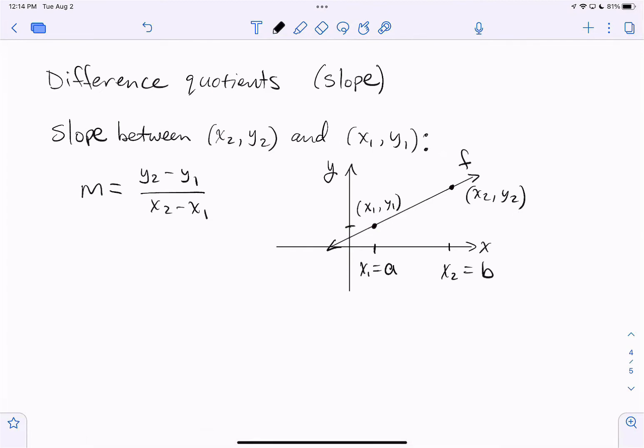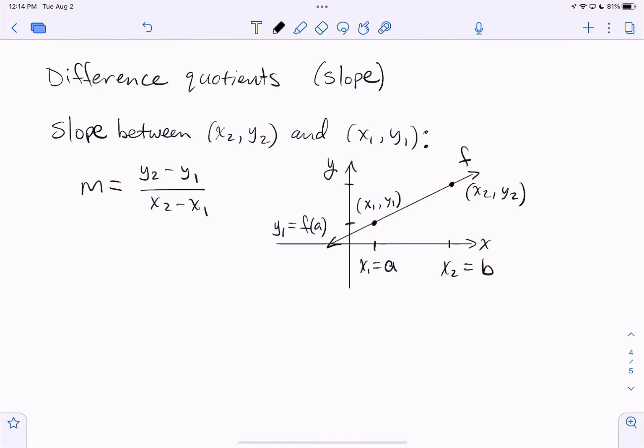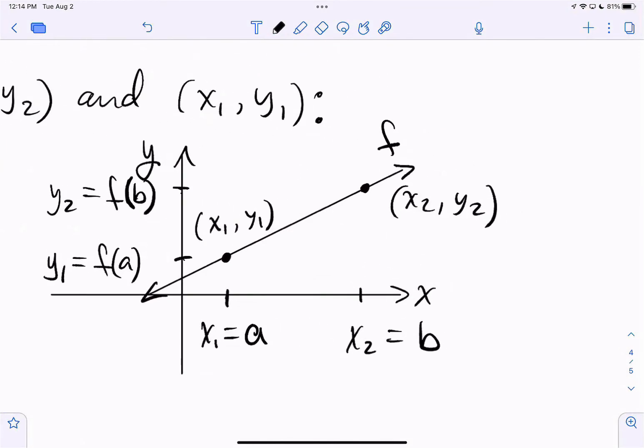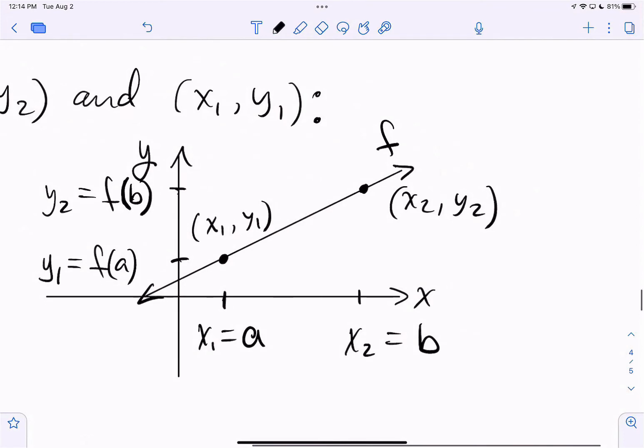Therefore, the output that we're calling y1 is f of a, and the output that we're calling y2 is f of b. With these labels, the point x1, y1 now becomes a, f of a, and the point x2, y2 becomes b, f of b.